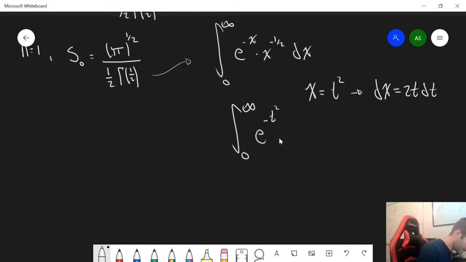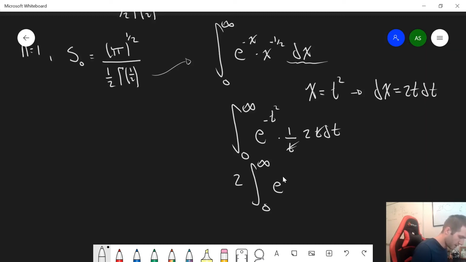So that is going to be times 1 over t, and then 2t dt, filling in for dx. And we can cancel out these t variables and pull out this 2. And we have 2 times the integral from 0 to infinity of e to the negative t squared dt.